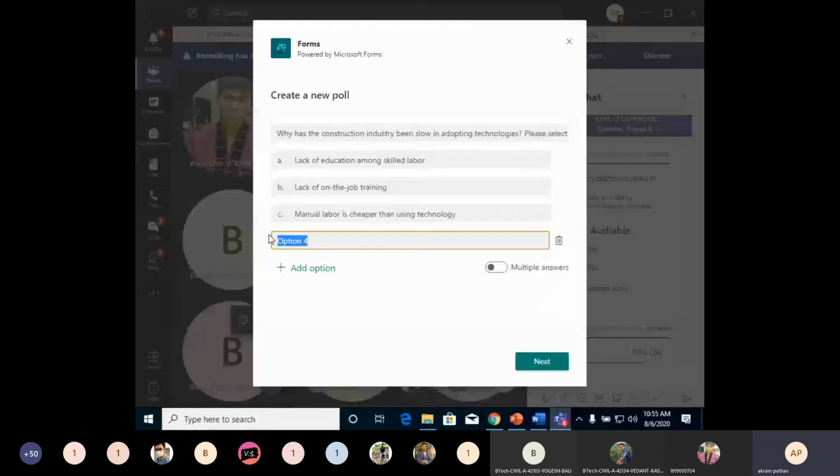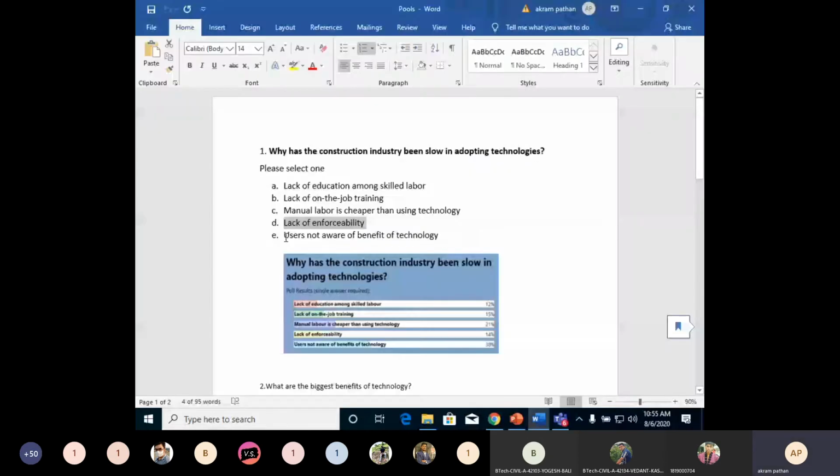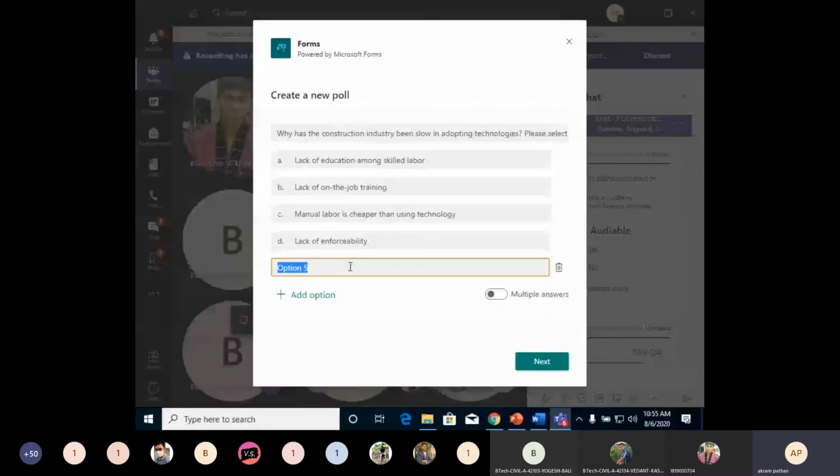We have option 5 also: user not aware of the benefit of technology. So this is my question.